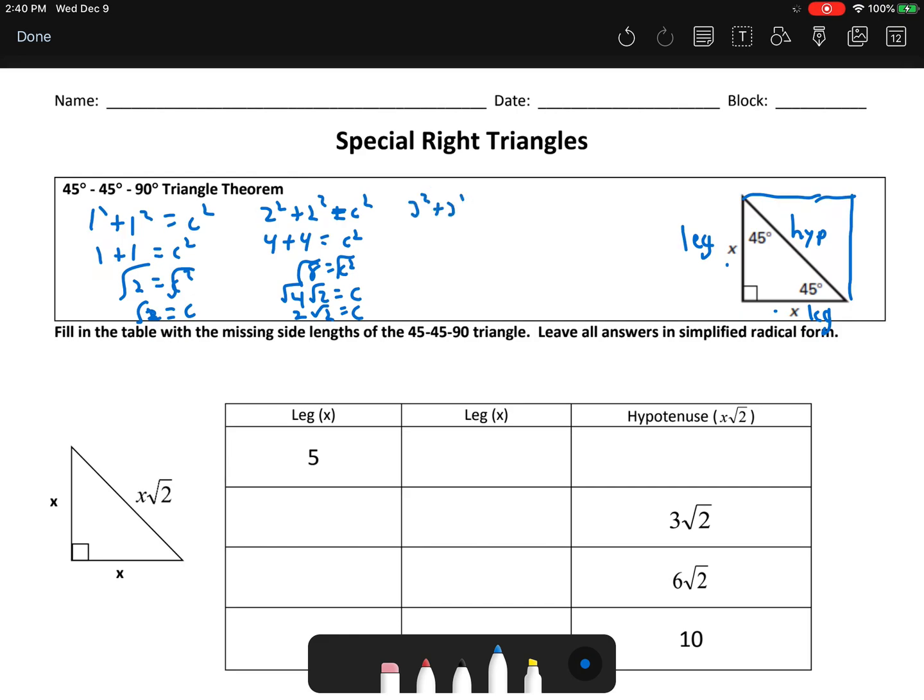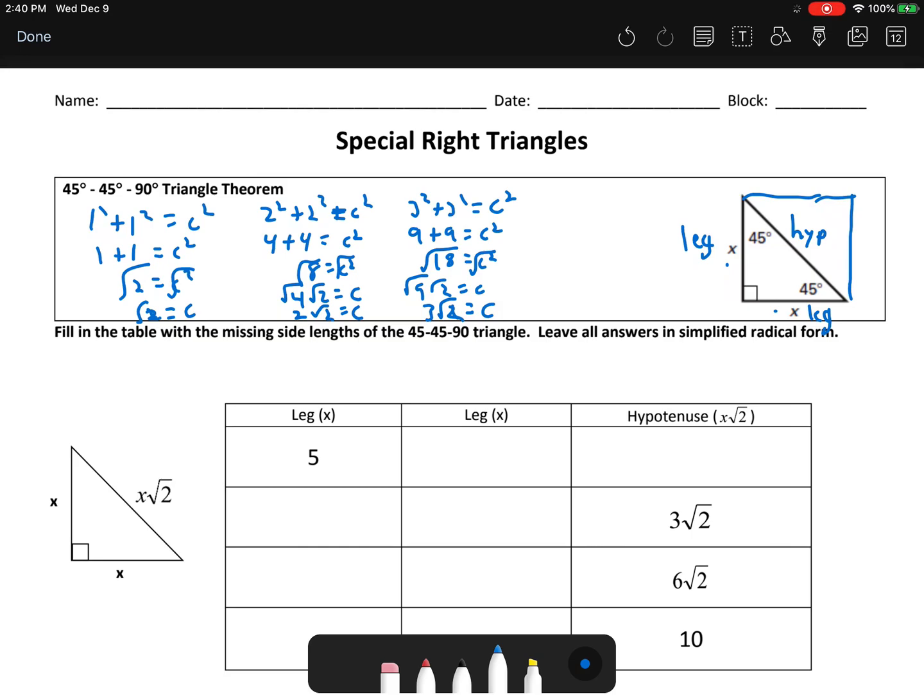Let's try 3. So these both are 3, the legs, so 9 plus 9 equals c squared, that's 18. The square root of 18 breaks down to 9 and 2, and that's 3 radical 2, 3 square root of 2. Now wait a minute, we should see a pattern here.